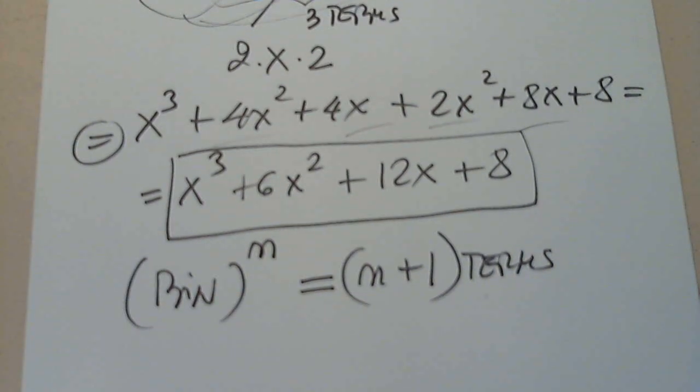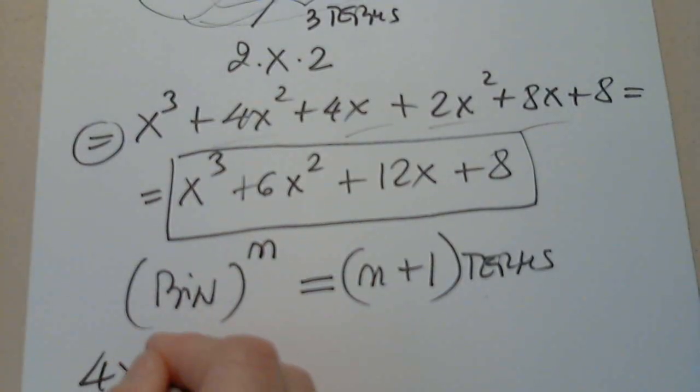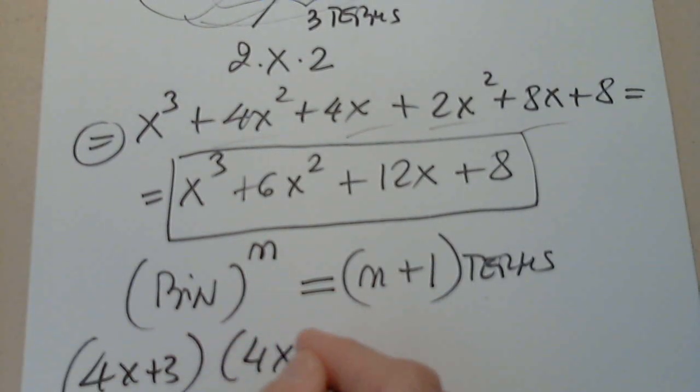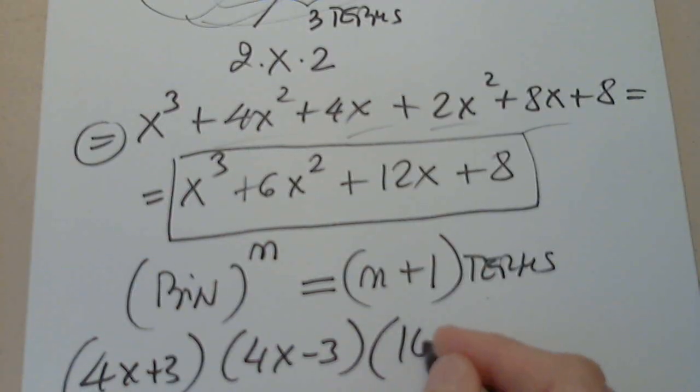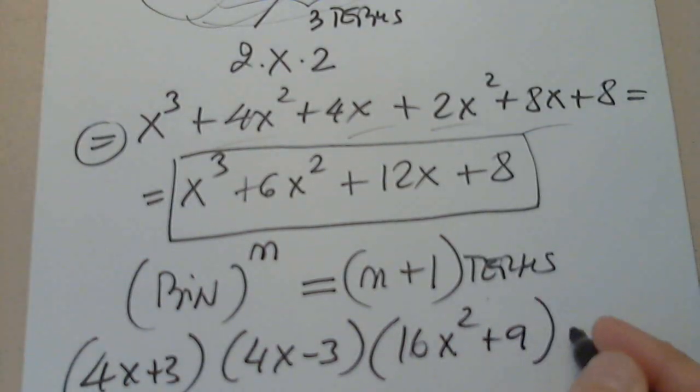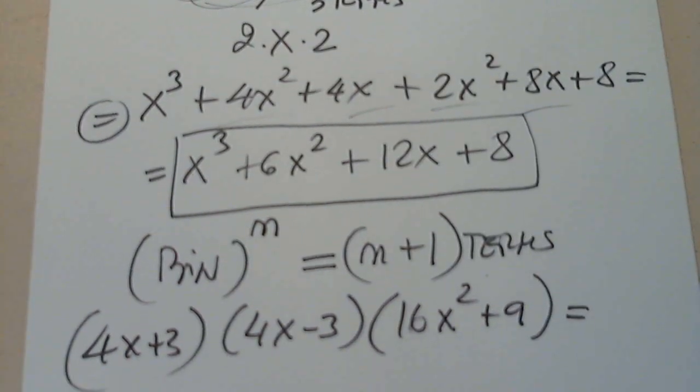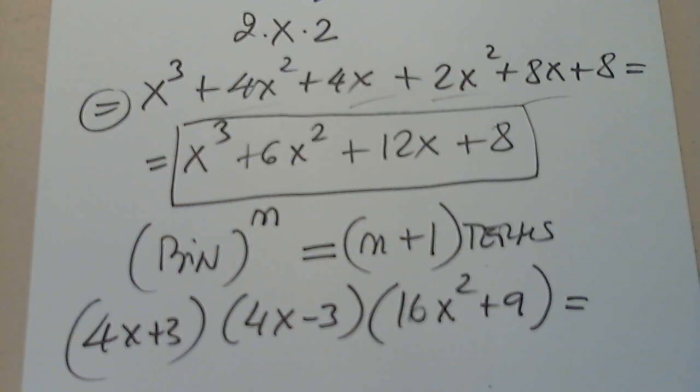Okay, here's another one. (4x plus 3) times (4x minus 3) times (16x squared plus 9). Yes, we may be tempted to distribute. No, no, no, no. Let's think. Let's look at these two. Is this by any means a special product?